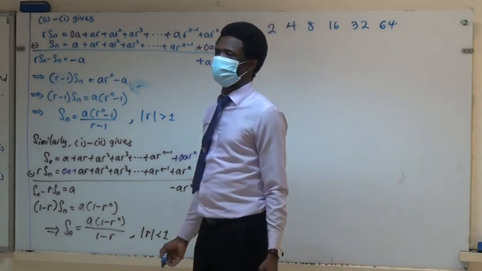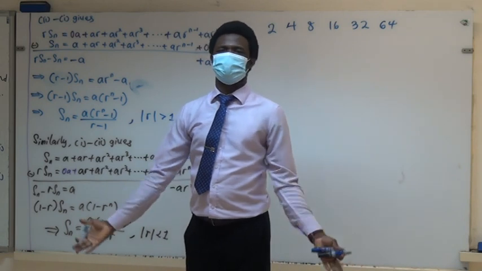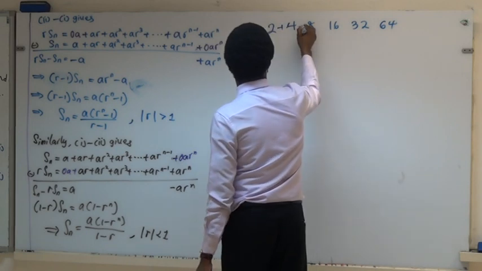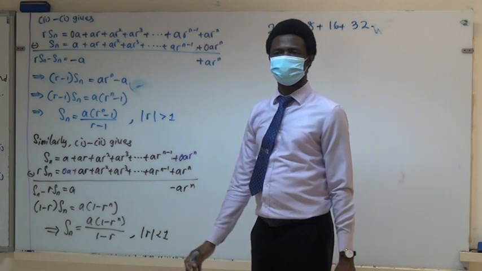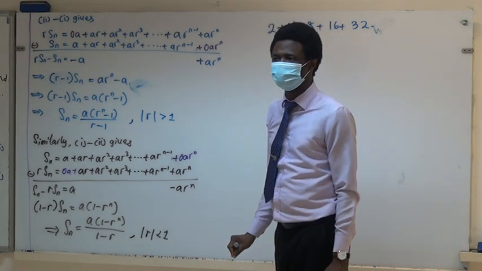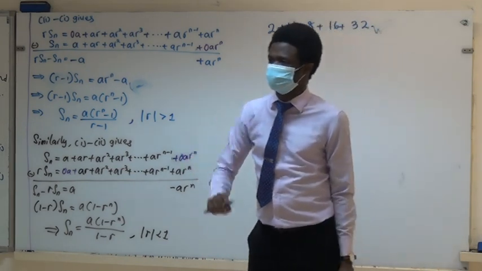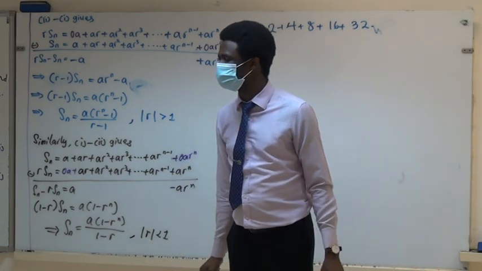So the question might be, how much does Cecilia have after 5 days? Which means we are interested in S5. It's easy to use calculator to do this, right? But what if Cecilia starts this operation on January 1st and she wants to do it for the rest of the year?